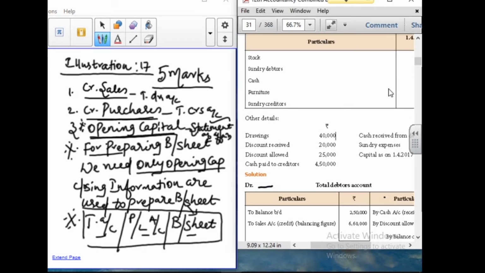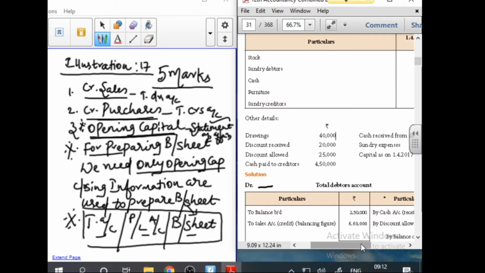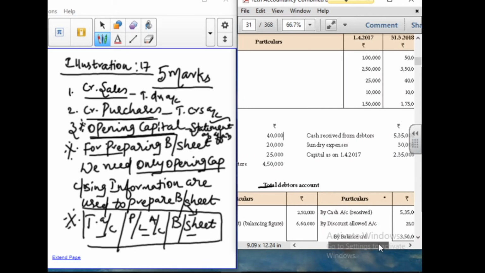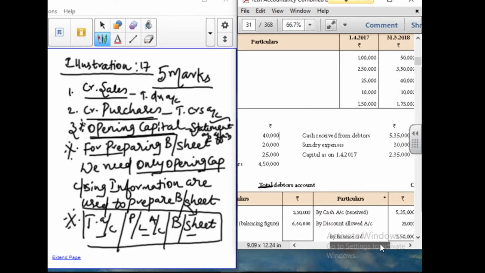For sundry debtors, the amounts given are 2,50,000 and 3,50,000. Opening 1/4 is the opening, so we have taken this, that is 2,50,000. Then what about the closing? Sundry debtors closing amounted to rupees 3,50,000. This is your closing information.